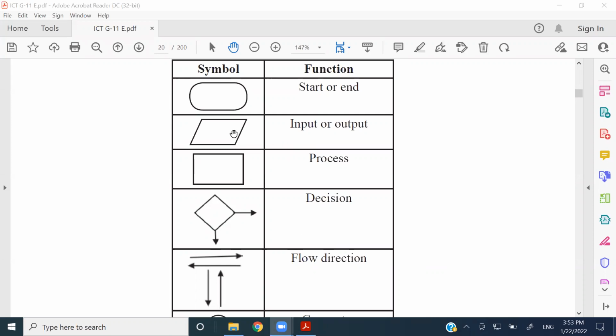So input and output can be illustrated like this, and the processes like additions, subtractions, multiplications, right, can be taken as a process which will be indicated inside a rectangle, right?